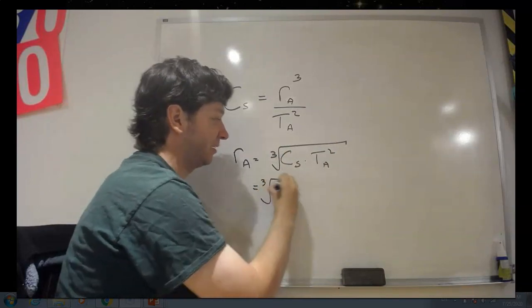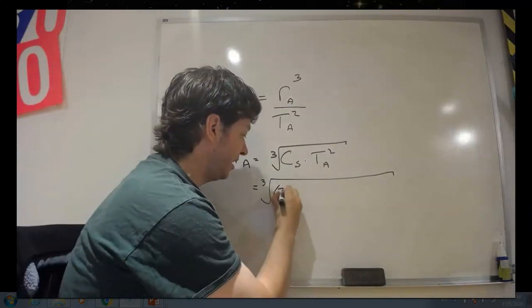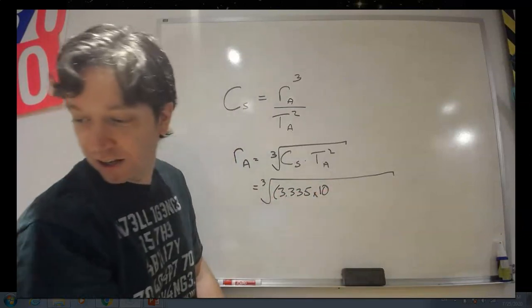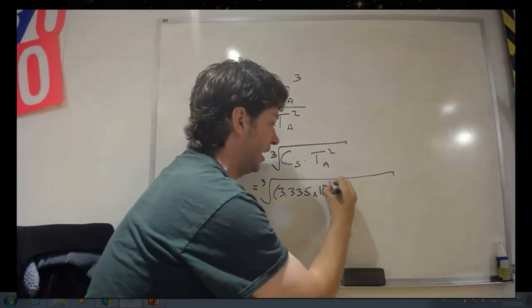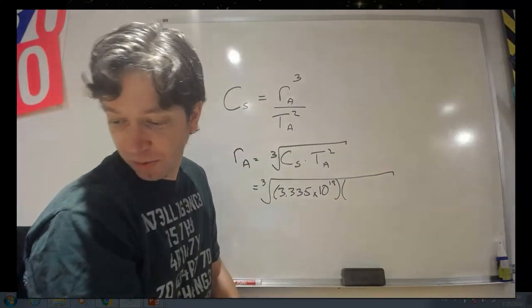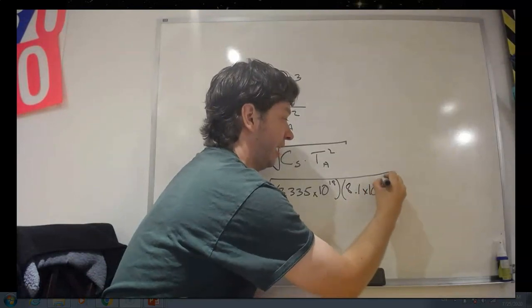Yeah, more big numbers. Okay, so we got this to be 3.335 times 10 to the 18, and they give us the period, which is 8.1 times 10 to the 7, and we have to square that.